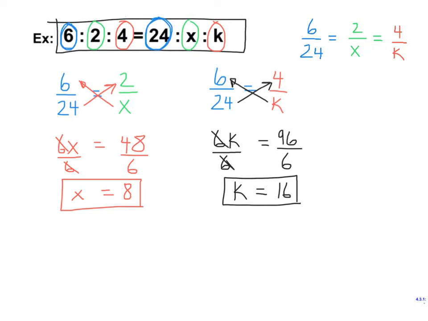Okay, so if all three of these proportions are equal, how do we solve for x, and then how do we solve for k? We have to separately solve for them. So the way I would do that is I would first solve for, let's say, x. If I were to solve for the x first, I am going to make sure that I kind of erase this little bit from my head, and I would focus in on just these two fractions, because it's impossible to deal with 3 fractions and 2 equal signs.